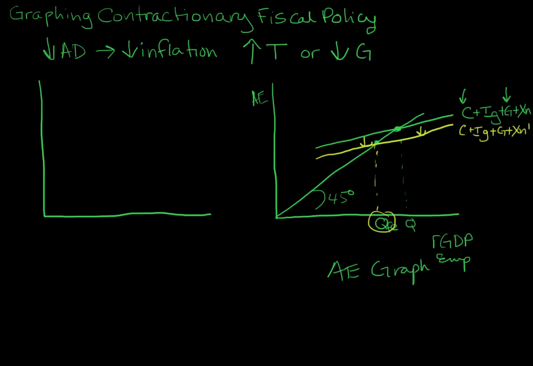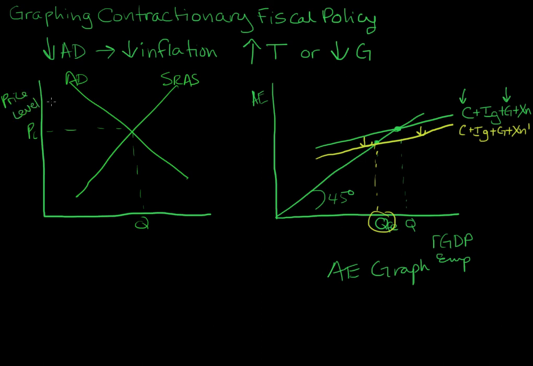Now again, on the aggregate supply and demand graph, here's our short run aggregate supply, here's our aggregate demand. We have our level of output, our price level, and again, real GDP, and this is employment.